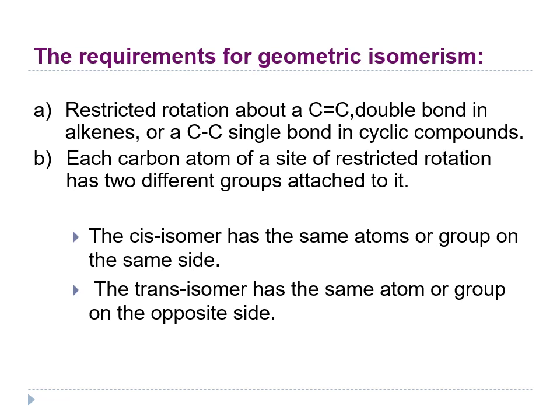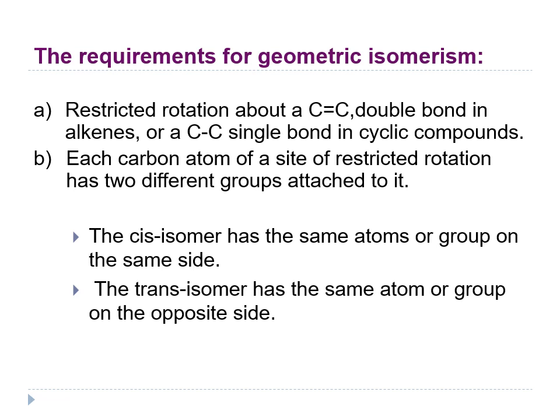The first one is there should be a restricted rotation about a carbon-carbon double bond in alkenes, or a carbon-carbon single bond in cyclic compounds. The second requirement is each carbon atom of a site of restricted rotation must have two different groups attached to it.